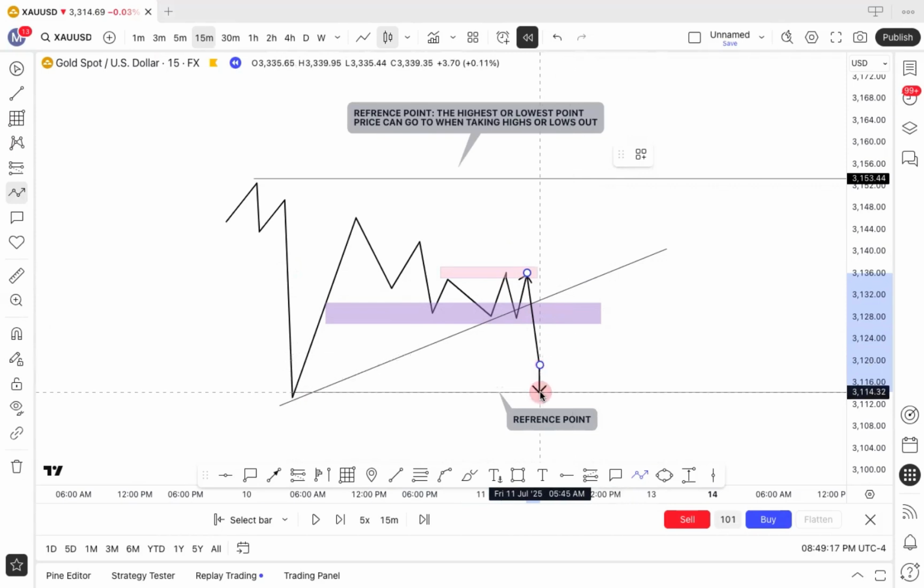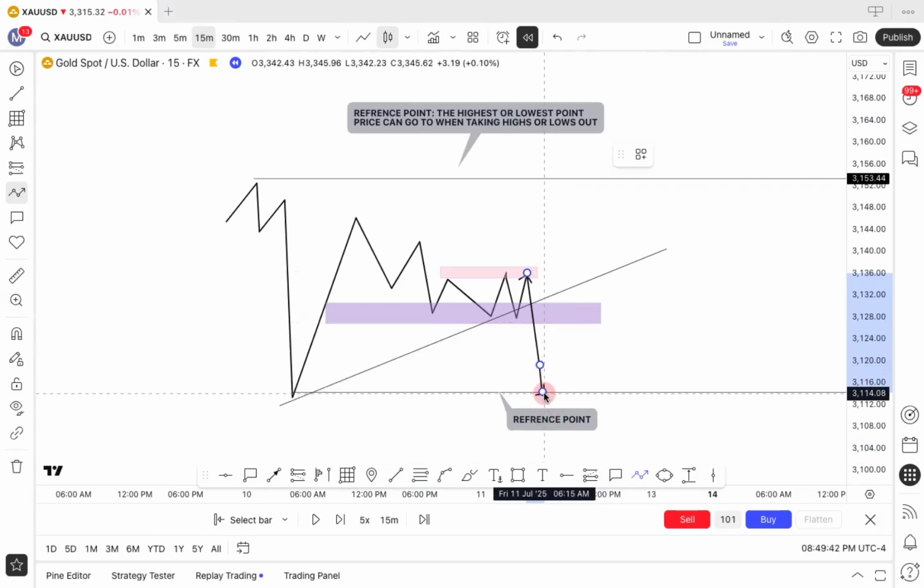So this is my reference point. Sometimes you might notice that price just taps your reference point. It literally sometimes just wicks it. And this is why I've taught you guys the difference between a break of structure and a non-break of structure. I've seen it where price just slightly wicks, like a huge wick here, and then reverses in the opposite direction.